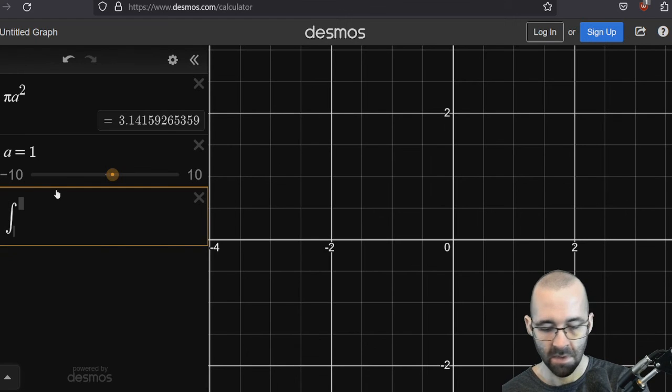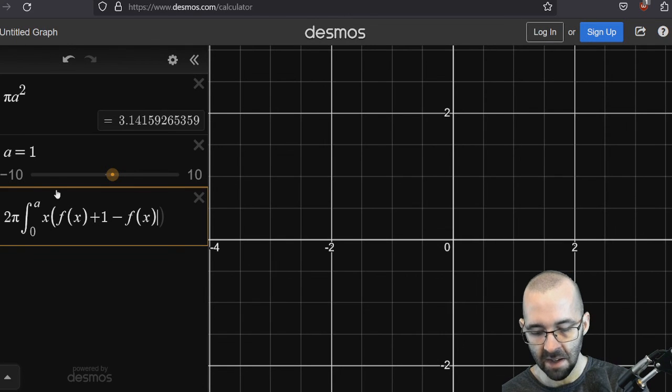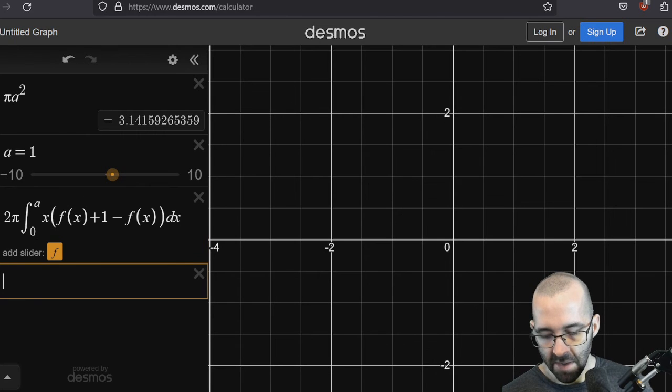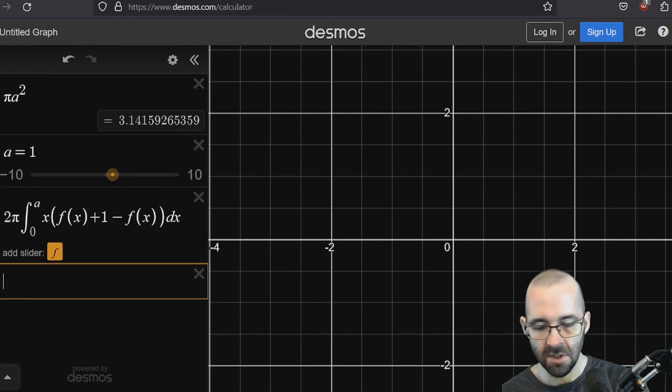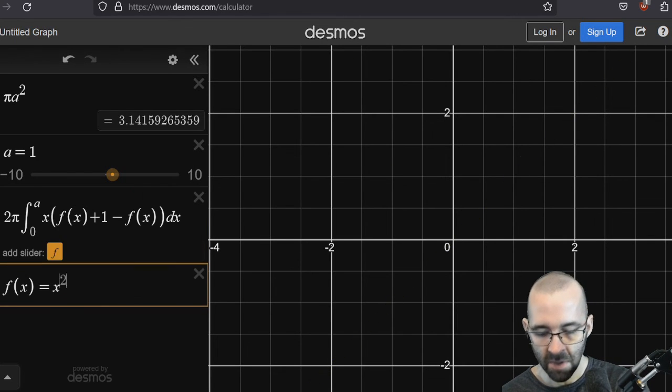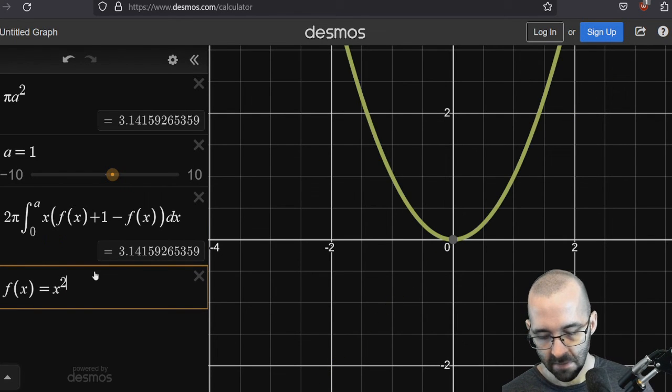Have the integral from 0 up to a, 2 pi times x times, again, f of x plus 1 minus f of x. And then f, well, let's just choose one. What does this look like for x squared?